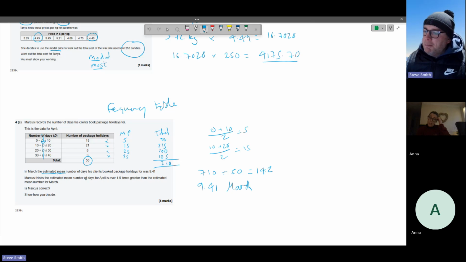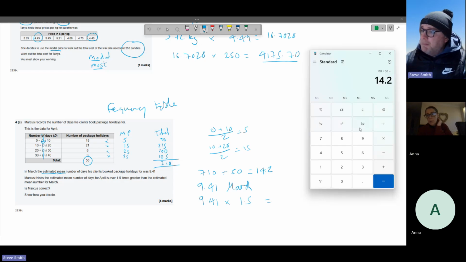Marcus thinks the estimated mean number of days in April is over 1.5 times greater than the estimated number of days for March. So if we go 9.41 times by 1.5, he's saying it's more than that. So we're looking for a number less than 14.2, because that is more than that.